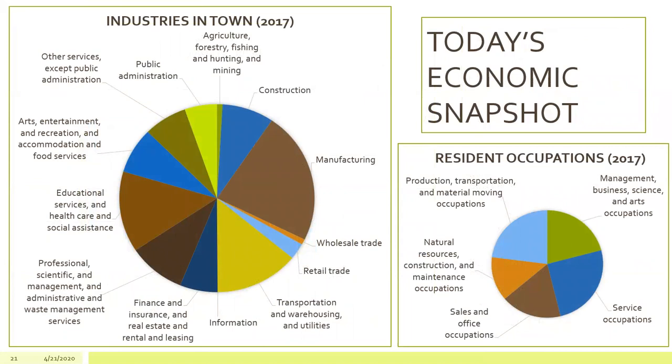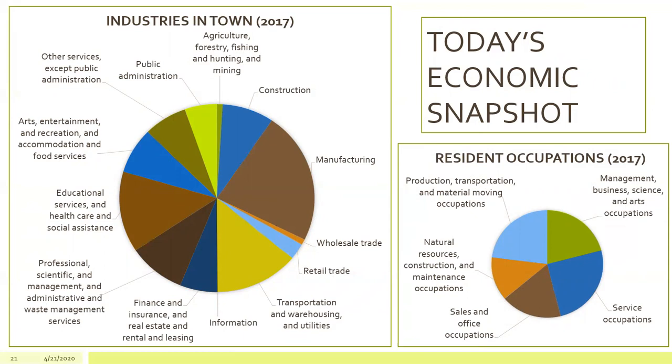These two charts here are showing 2017 industries in town on the left and 2017 resident occupations on the right. These are pie charts meant to give you a sense of the full pie, 100%. This is the breakdown of the different industries in town on the left and the different resident occupations in town on the right.